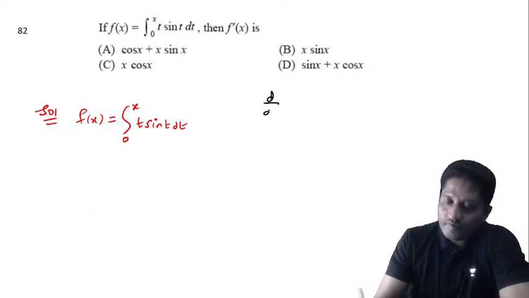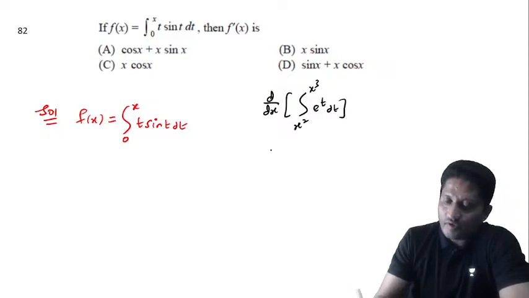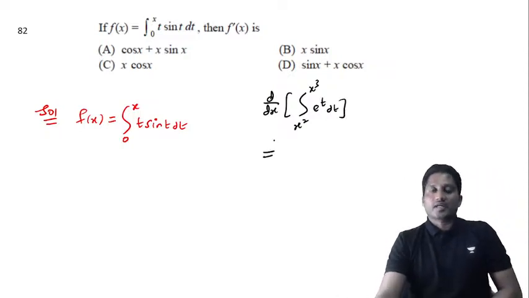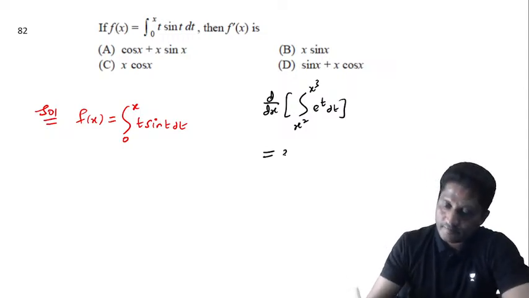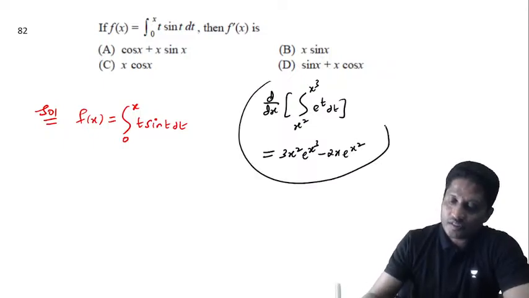Let's say the integral from x squared to x cube of e to the power of t dt. If you want to differentiate a definite integral, differentiate the upper limit, in place of t you put upper limit, minus differentiate the lower limit, in place of t you put lower limit. That's called differentiation of a definite integral.